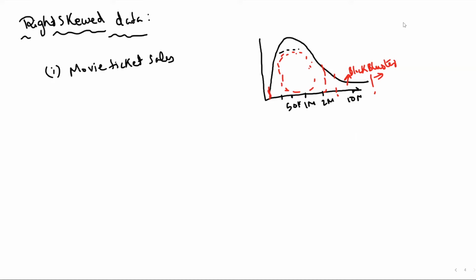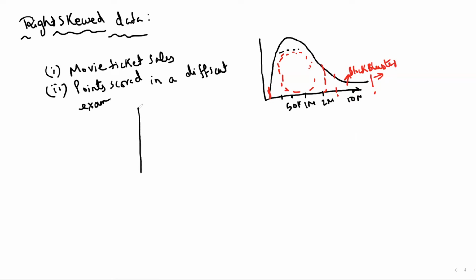One more example may be points scored in a difficult exam. So let's say this is one graph, right? This is also right skewed, points scored in a difficult exam. Normally, let's say this is 20, 30, and this is 70, this is 10, this is 5.